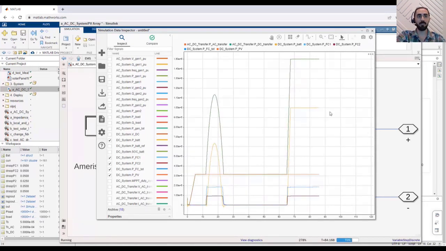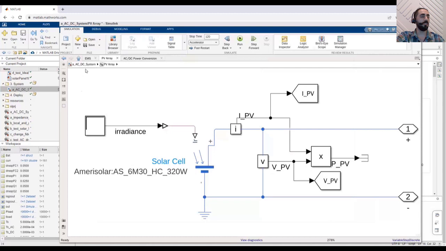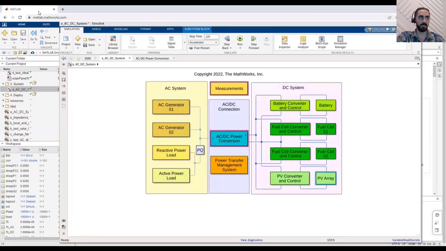The combined power was 500 kilowatts. So that means we're using the battery, but in the power management system, we need to go there and change some values, increasing the value of the combined power first.